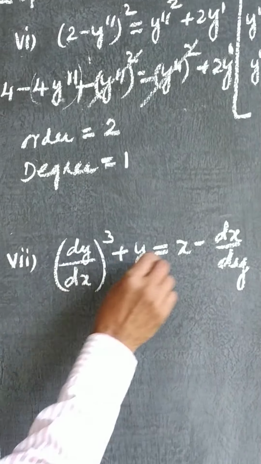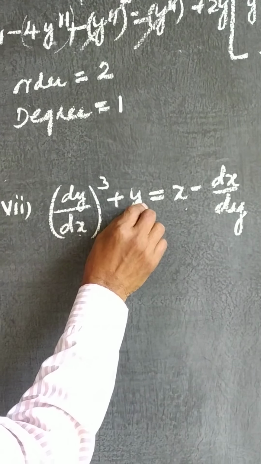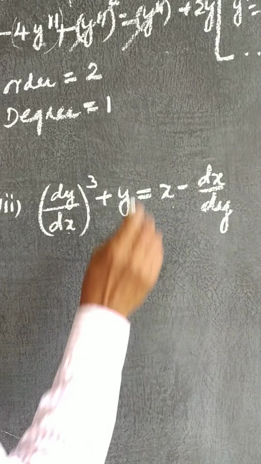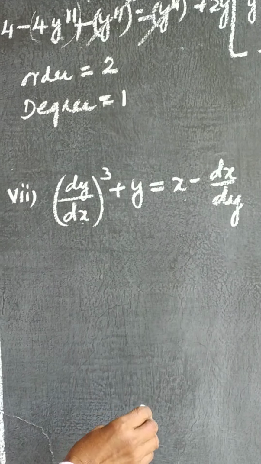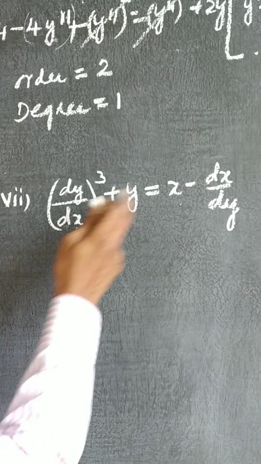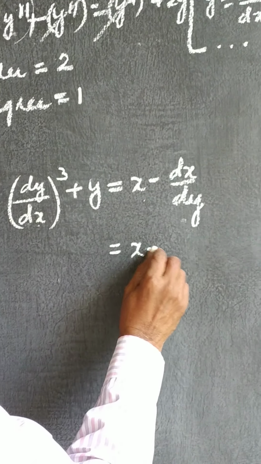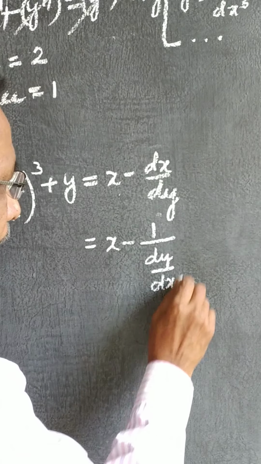Here, let us see this: (dy by dx) whole cube plus y is equal to x minus dy by dx. This is not given in the standard form of a differential equation, because here you get dy by dx, and here you get dx by dy. Conveniently we can write this as 1 by dy by dx.